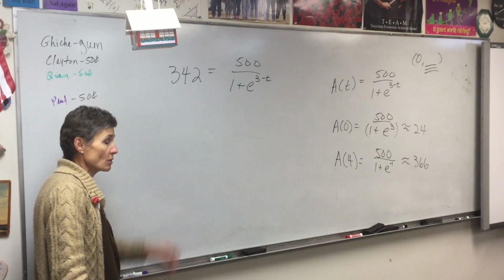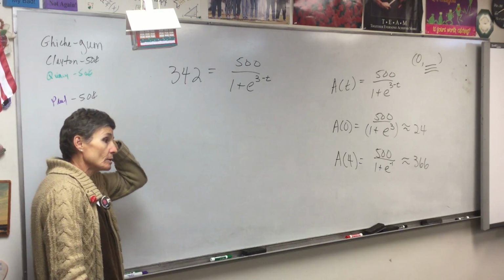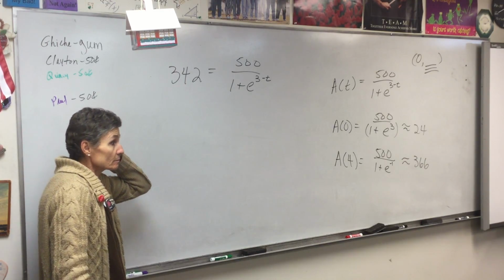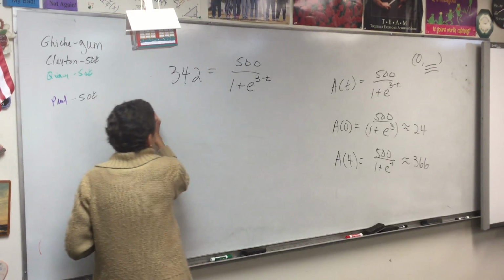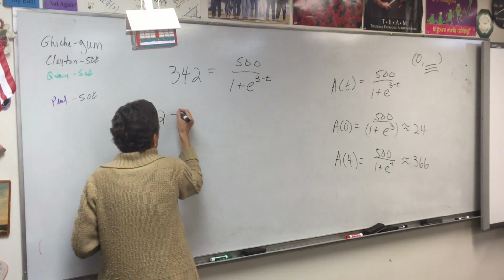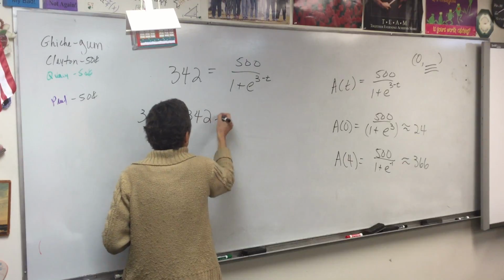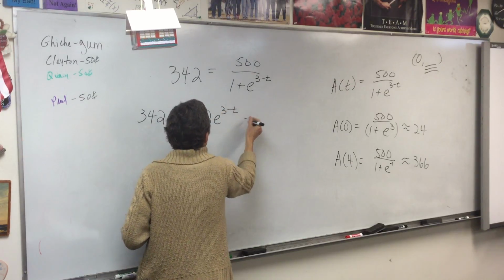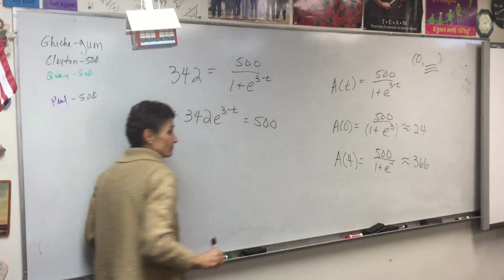It's a little tougher to solve. What do we do? Multiply? Distribute? So 342 plus 342 e to the 3 minus t equals 500.